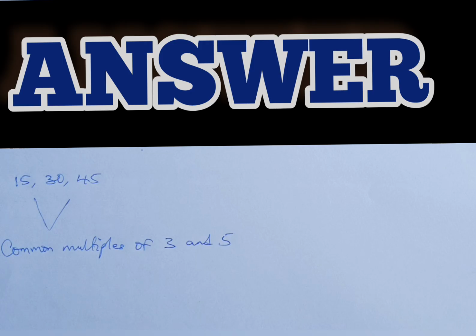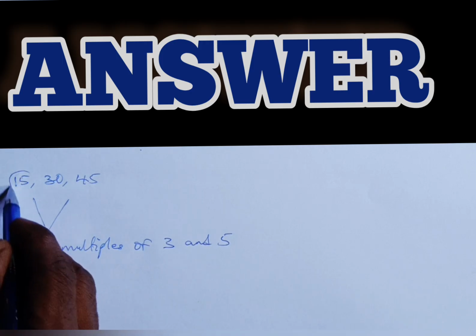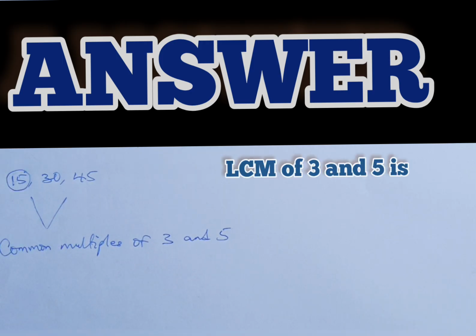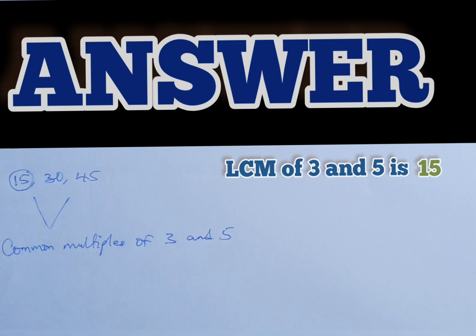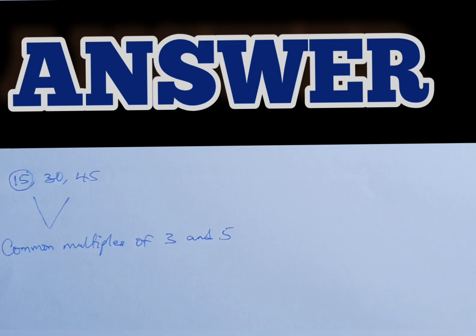And of course, this right here is the lowest common multiple of 3 and 5. Mind blowing?